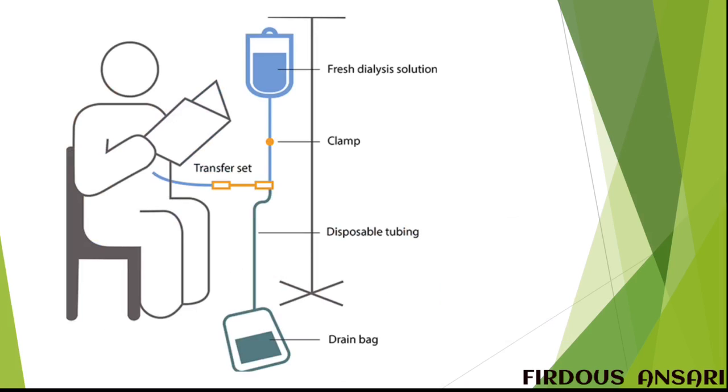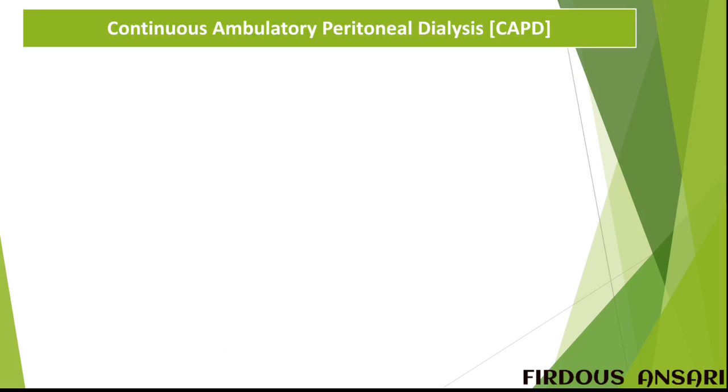Peritoneal dialysis is also more amenable to self-treatment. However, slower drug clearance rates are obtained with peritoneal dialysis compared to hemodialysis, and thus longer dialysis time is required. Next, continuous ambulatory peritoneal dialysis, abbreviated as CAPD, is the most common form of peritoneal dialysis, and many diabetic patients become uremic as a result of lack of control of the disease.